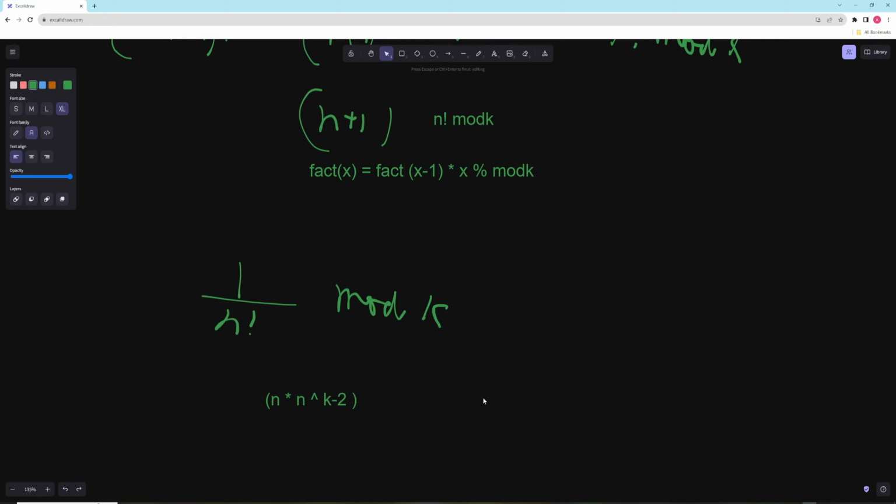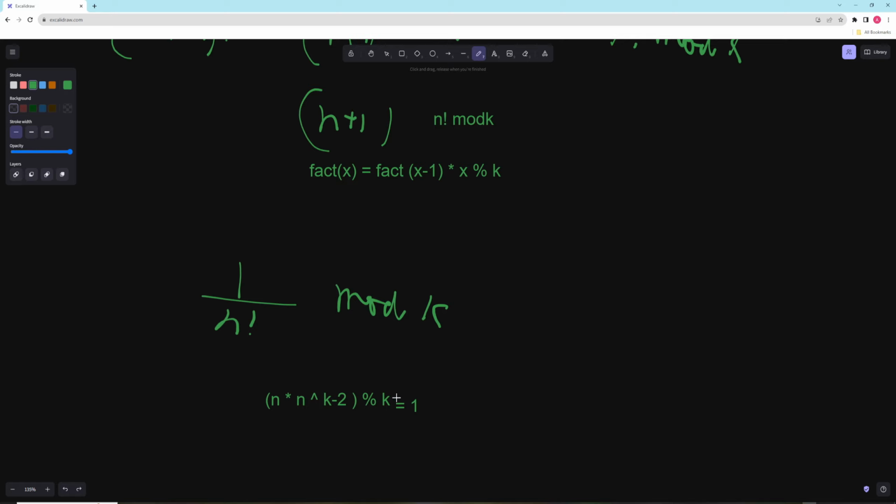So you need a prime k, and you also need n to not be divisible by k, but they give you 10 to the 9 plus 7, which is totally fine, because that's a prime number, and n will always be smaller. This should just be k. This mod k will give us 1. So basically, this is the inverse of n mod k.